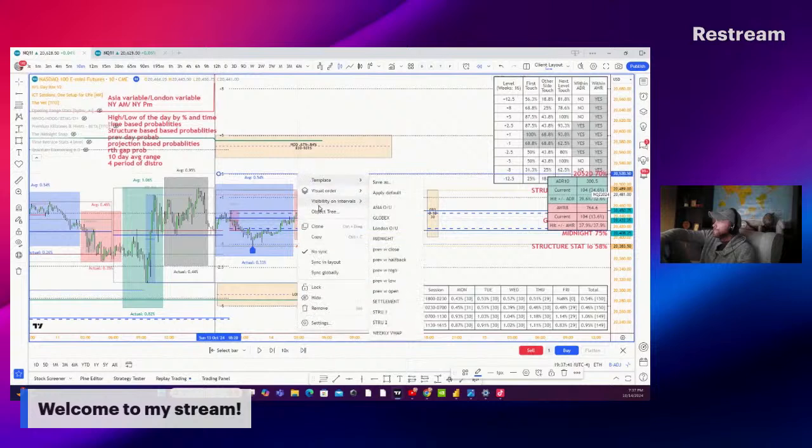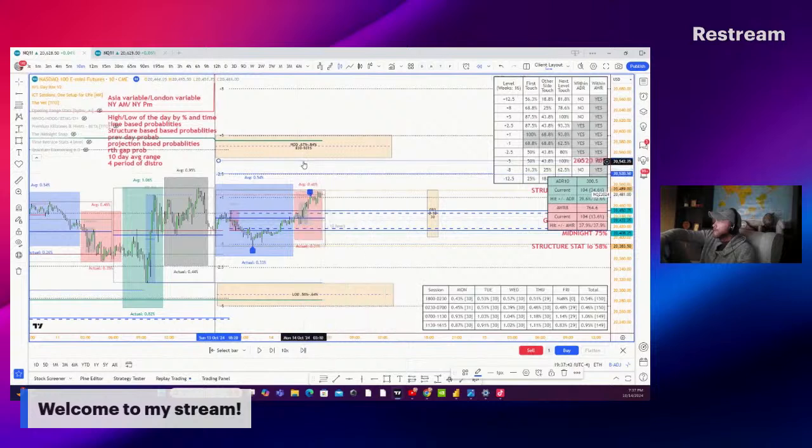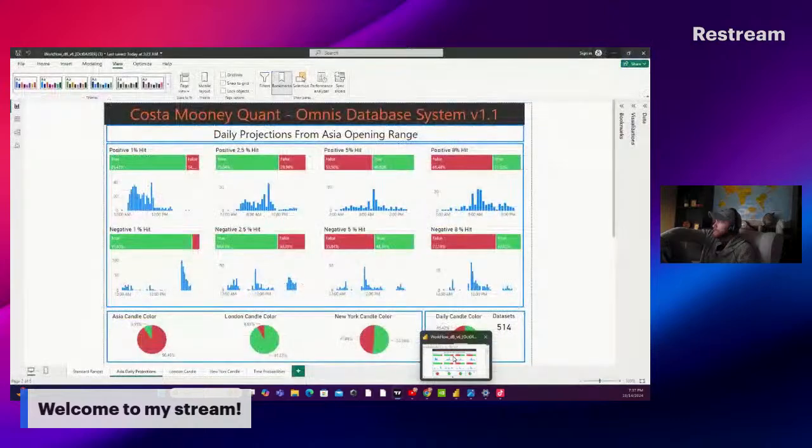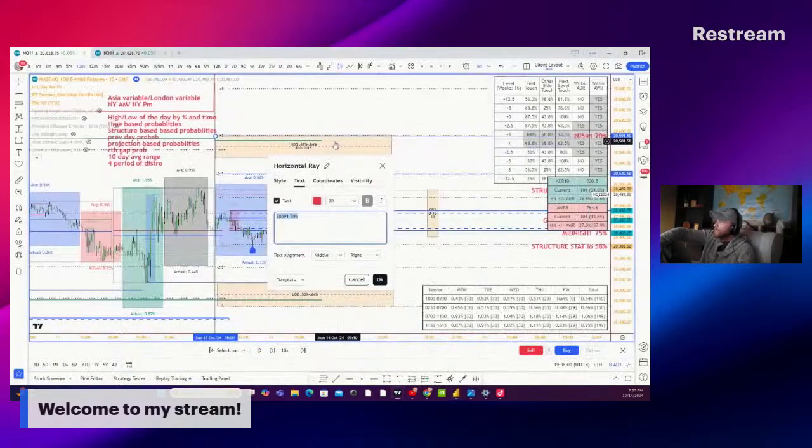We'll clone it and put it on the 5 right here, 20591, and we can see that that has a 46% probability.